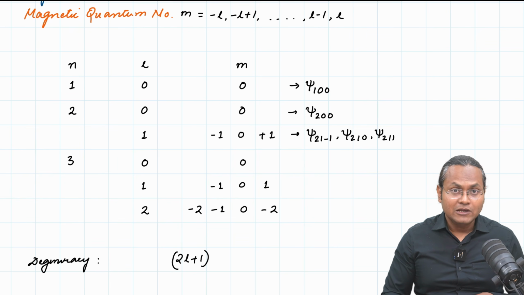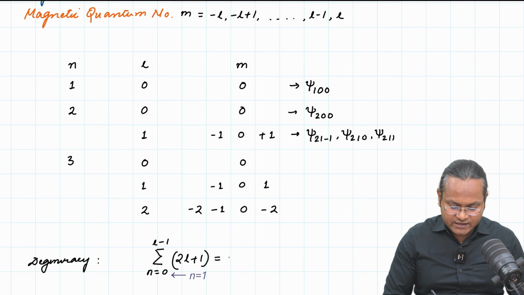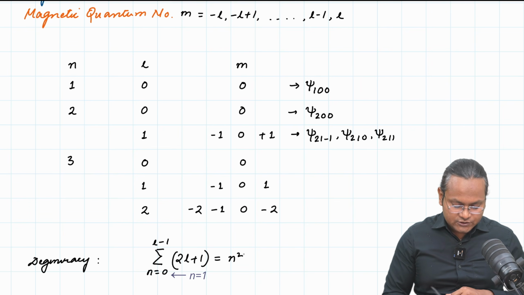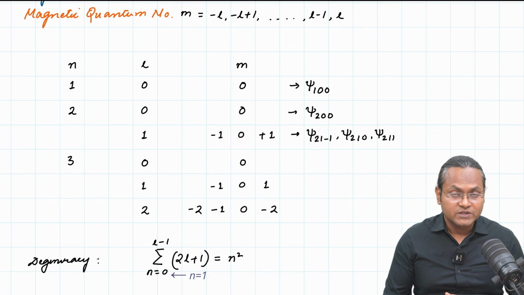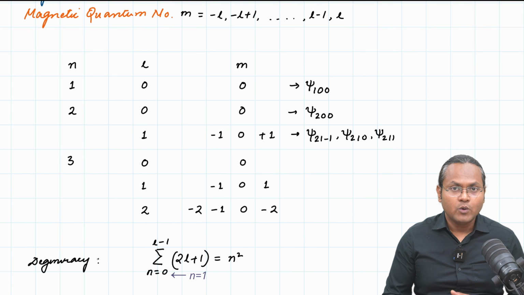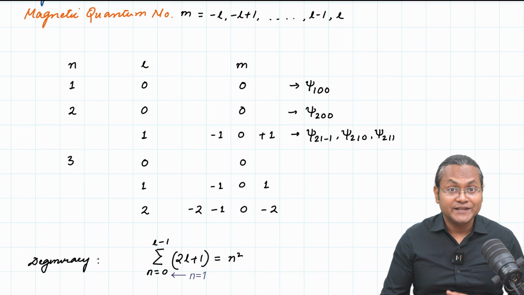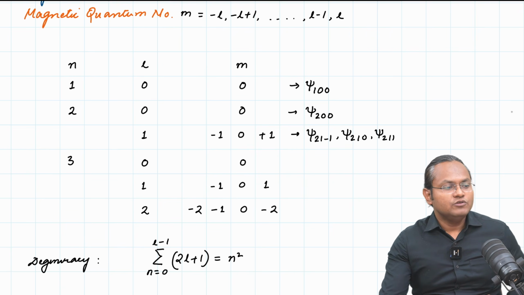And for every value of n, you end up getting n squared. That means for every value of principal quantum number, you get n squared distinct energy eigenstate solutions for the hydrogen atom. Now, this picture does not include the spin quantum number.